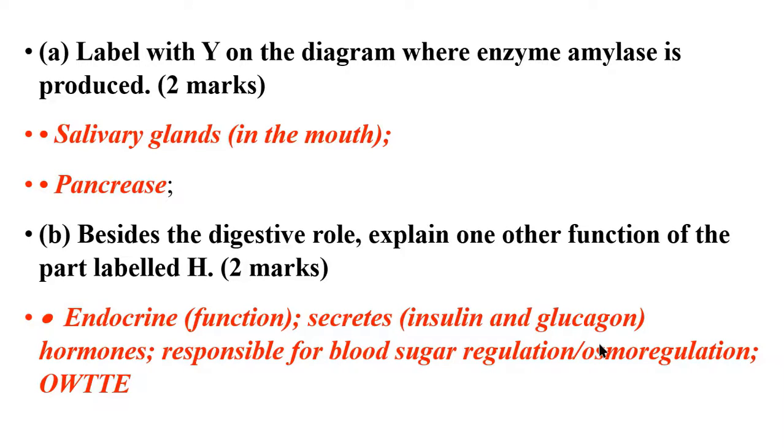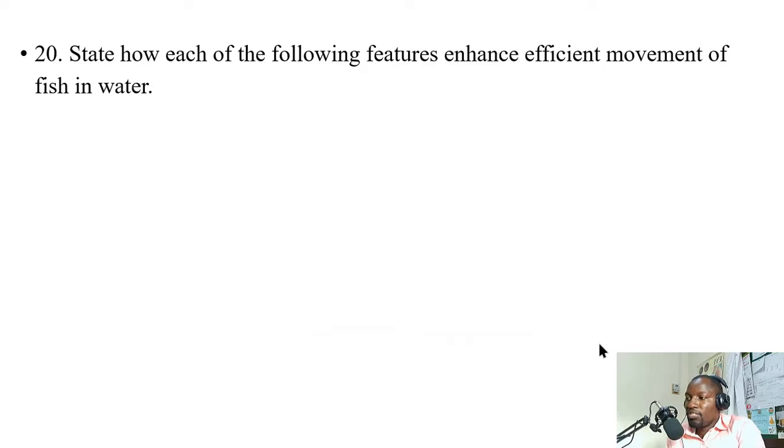and also for osmoregulation. State how each of the following features enhance efficient movement of fish in water. That is scale.